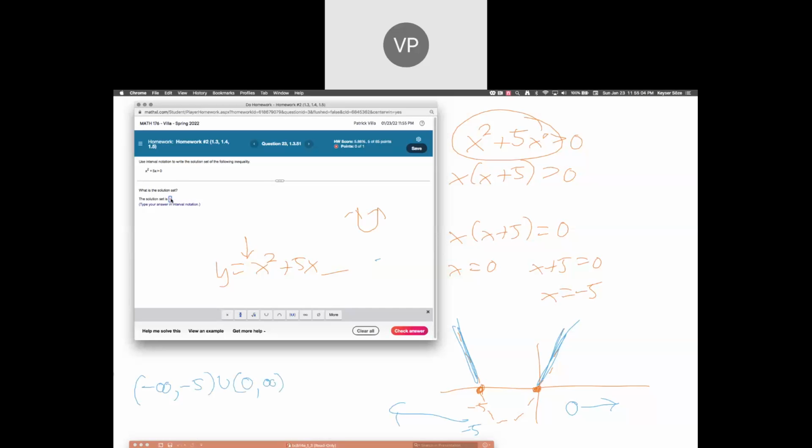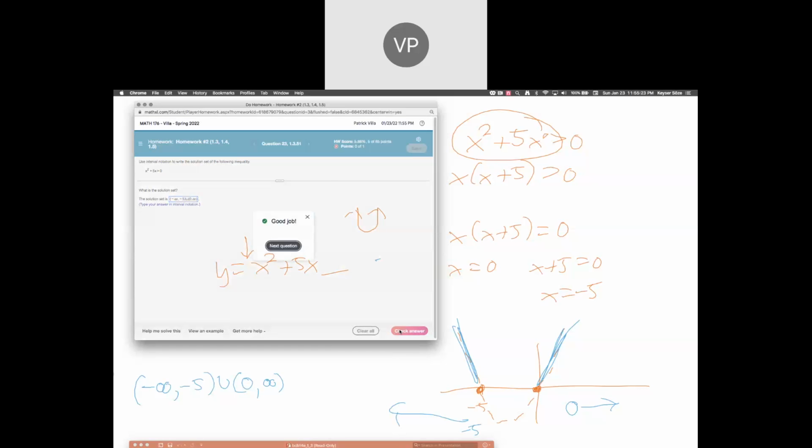So everything from -infinity up to -5, not including that because again it didn't have an equal sign up here, then I'm going to union that, combine that with everything from 0 up to positive infinity, also with all parentheses, and that's our answer.